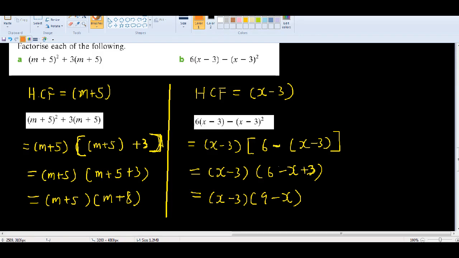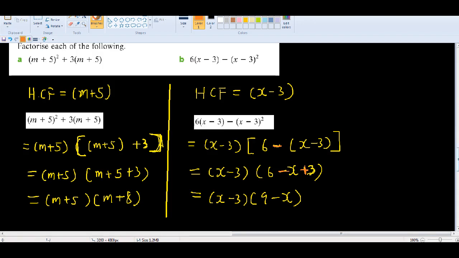Since there's a minus sign, there's a bracket. After you remove the bracket, you need to change that minus, which was within the bracket, into plus. That's it. And then you need to simplify all the terms. You got the answer, right?